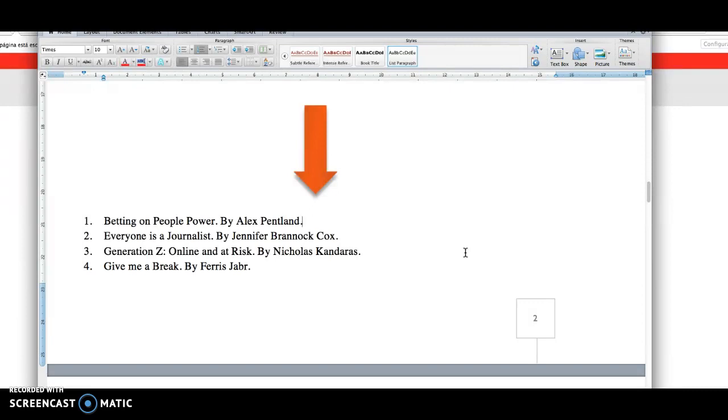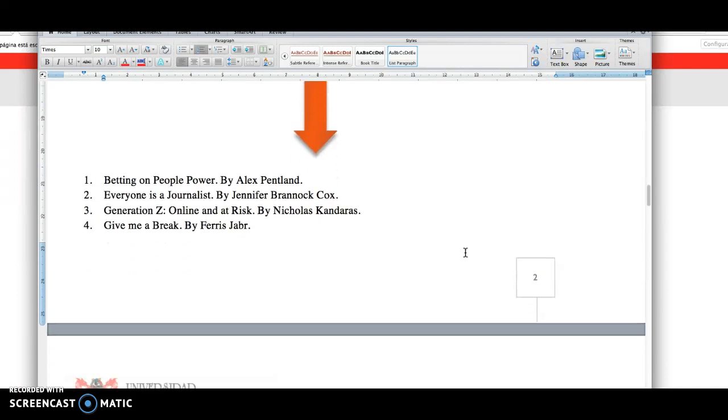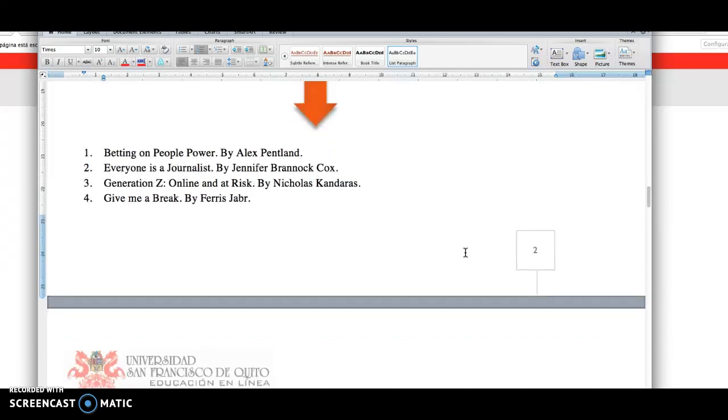So you read the article and then you make side notes to the text, whether you agree with what the author is saying or whether you disagree. So it's important that you go back to the learning object of the first week to see what critical reading is. And you need to do this because part of the files that you need to load to the portfolio is annotated critical readings.